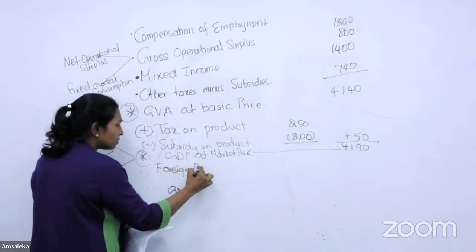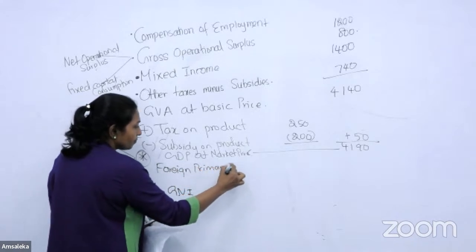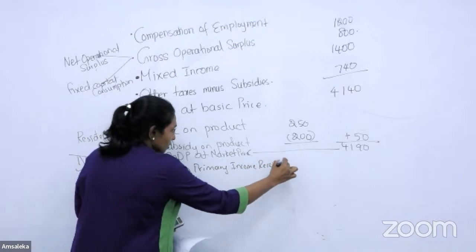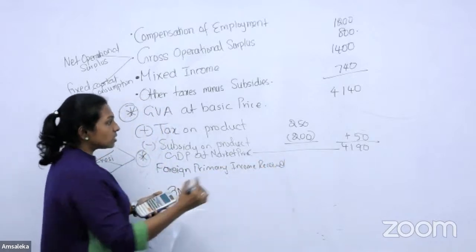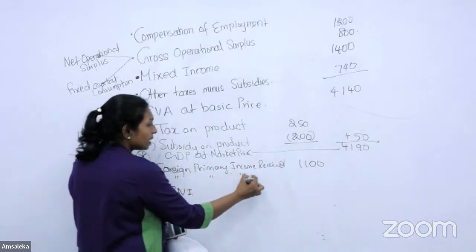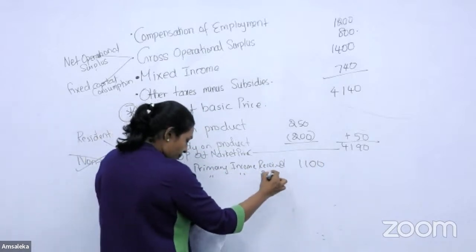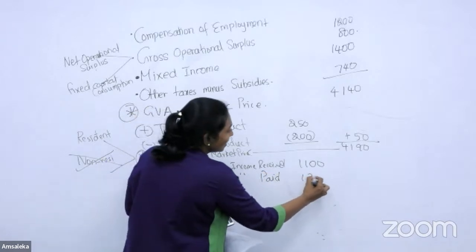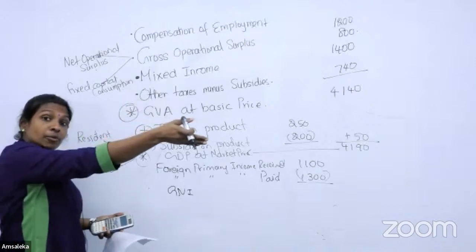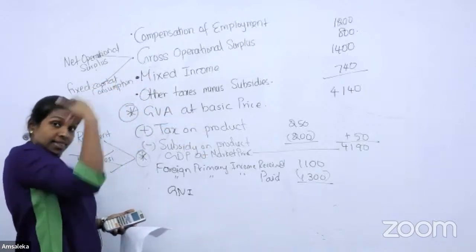Foreign primary income received. How much? 1,100. But the same foreign primary income paid is given. Paid is given 1,300. Underwrite. Here you can see foreign income received: our people from other countries will send to us.